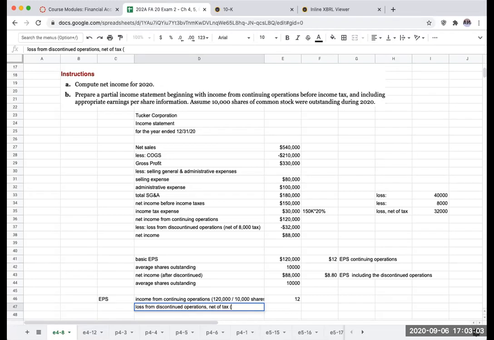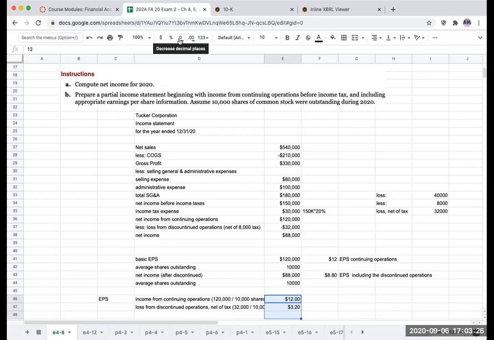So this is going to be 32,000 divided by 10,000 shares, or this will be $3.20.